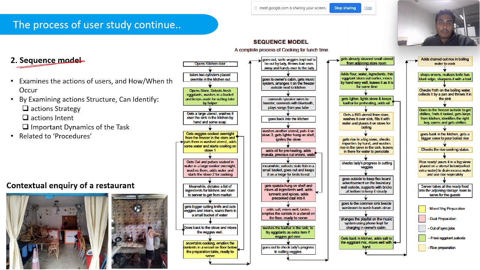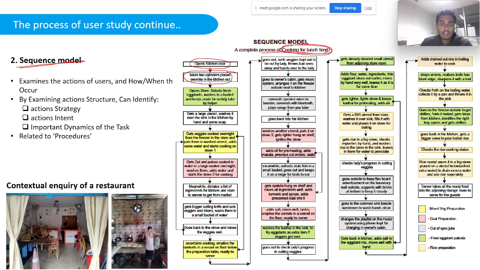For example, here: opening the kitchen door, taking the cylinder placed overnight in the kitchen out. So this is a sequence of cooking for lunchtime. This is an observation of a cooking procedure where the designer has observed this particular sequence of actions. He captured this in great detail, and he tried to see if there are issues in this procedure.